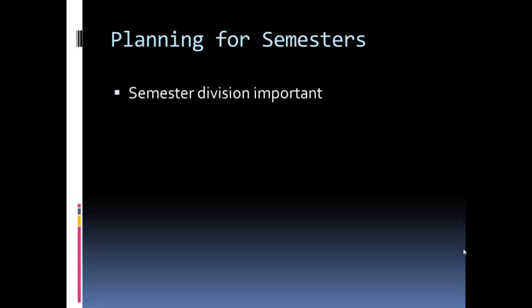So I plan for that break to fall at the semester break. I try not to start something new before the semester break and carry it across the break. Sometimes that's unavoidable. You may not be able to avoid that, but you want to plan at least that here's where the semester break is going to come, and if possible, I want to try for that to be a division between units, and I can start something fresh in the second semester.